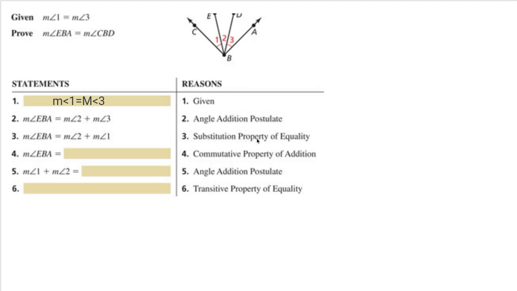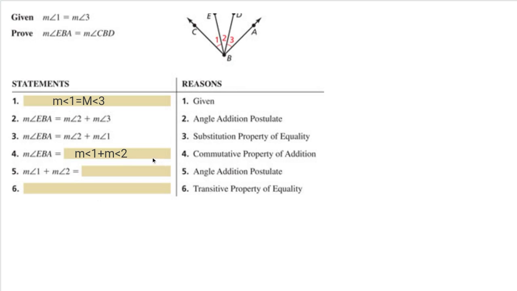Substitution property means I can go from 3 to 1. Commutative means that it's the same in any order and I'll get the same answer. So that means the measure of angle 1 plus the measure of angle 2, due to our commutative property. So 2 plus 1 is the same as 1 plus 2, commutative property.